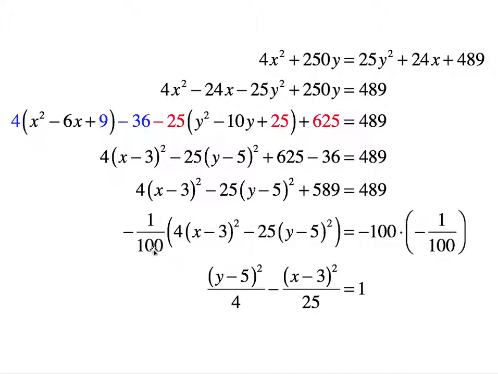The 4 divided by 100 is 25. And because it's negative, it's going to be the second term in the equation. When you multiply the negative 1 over 100 times the negative 25, you get a positive 4. So that changes this term to positive, and that's why it goes first.